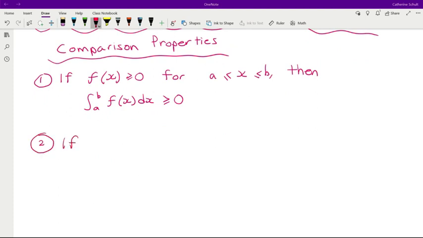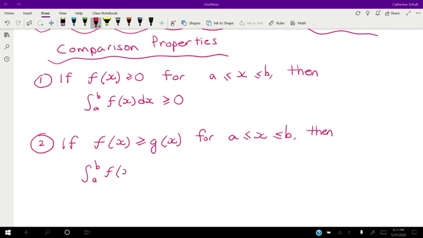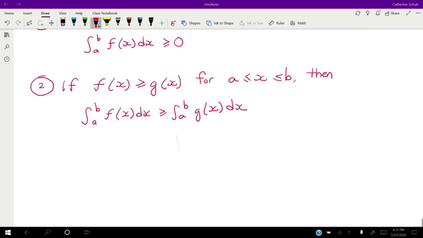So now if we have 2 functions, and f of x is greater than g of x on a closed interval, then the integral from a to b of f of x dx is going to be greater than or equal to the integral of the same region of g of x.